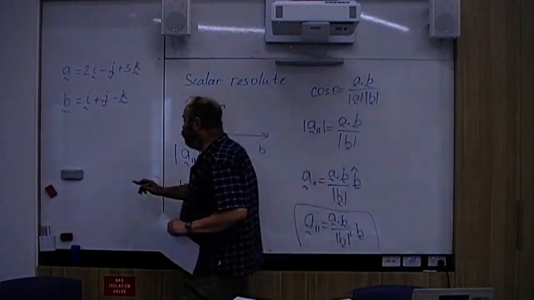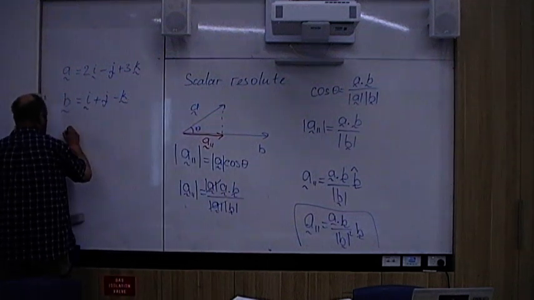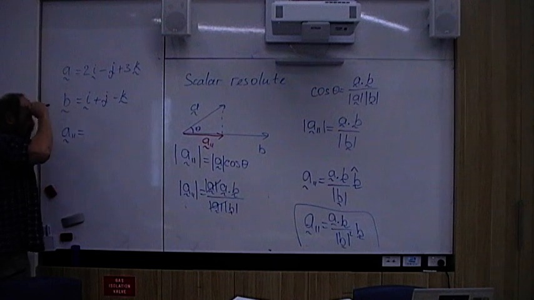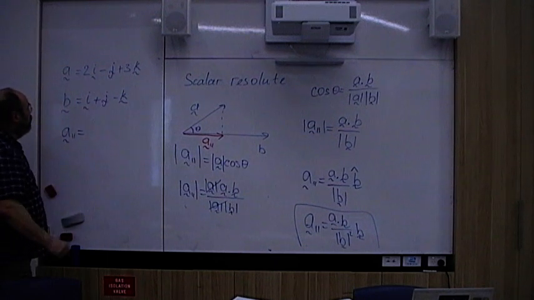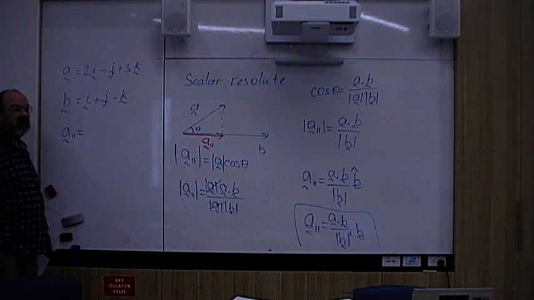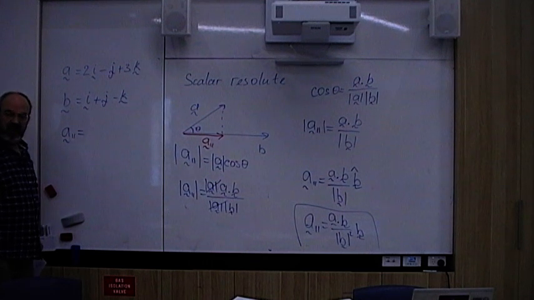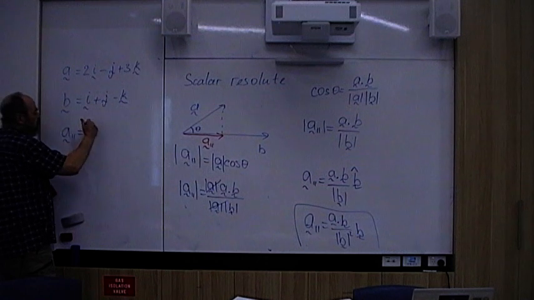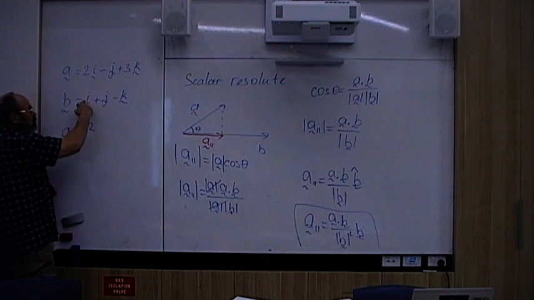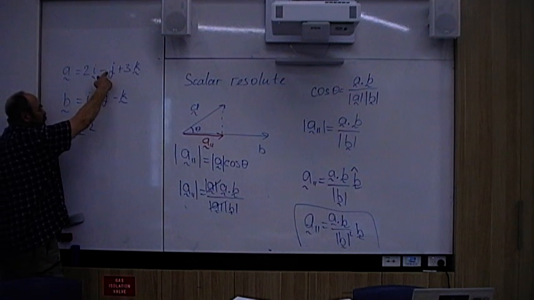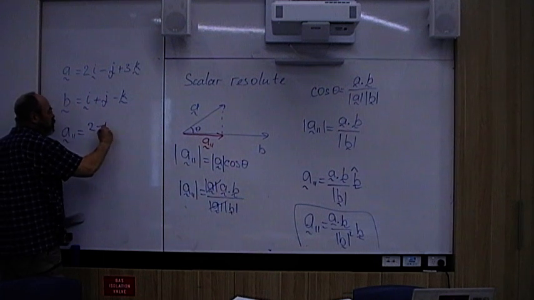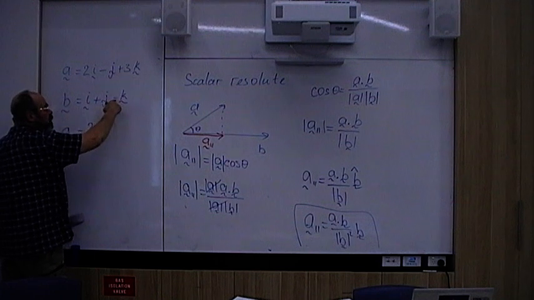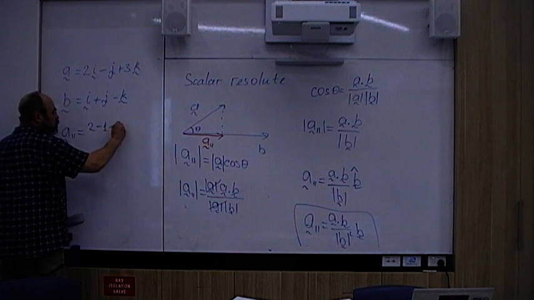Let's apply this formula. The resolution of A parallel to B will be equal to A dot B. How do we find the dot product? We multiply 2 times 1, plus minus 1 times 1, so minus 1, plus 3 multiplied by minus 1, so minus 3.